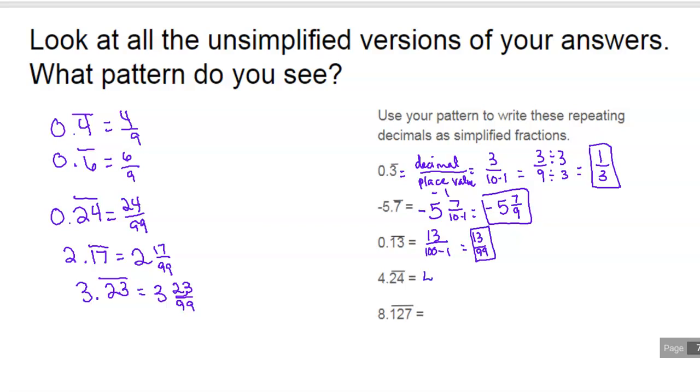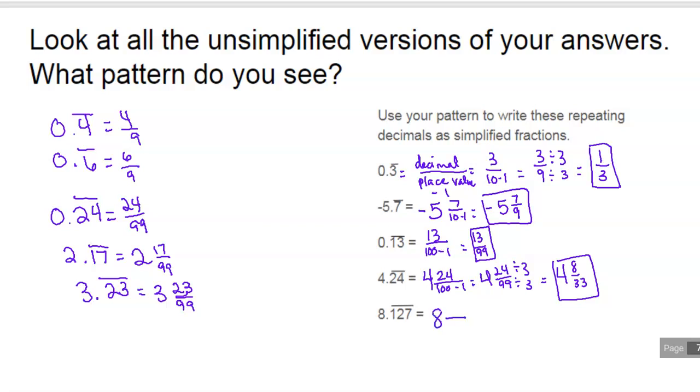Same idea here, so if you have a whole number, 4, and the 24 is what's repeating, over the place value, which is 100, minus 1. Now this one actually simplifies, both of these are divisible by 3, so then I get 4 and 8 over 33. Now this one, we didn't talk about one like this, but it's the same idea.